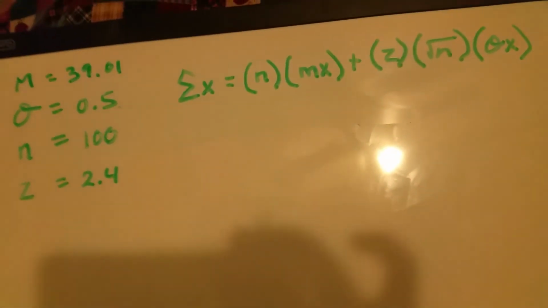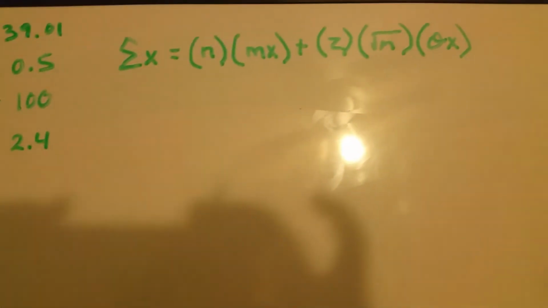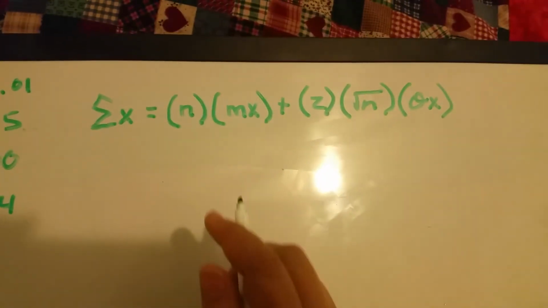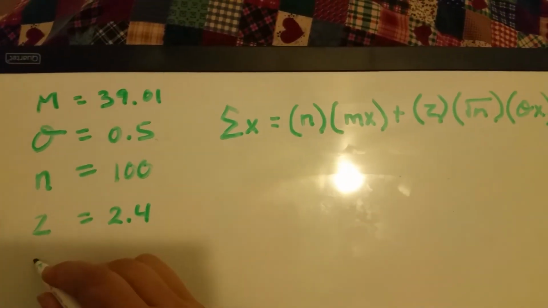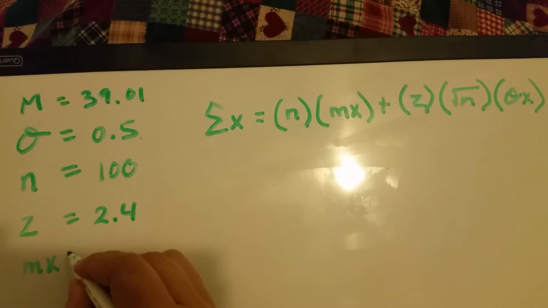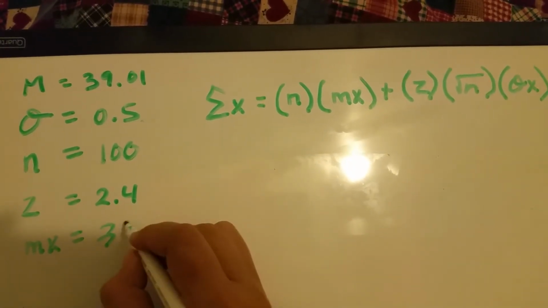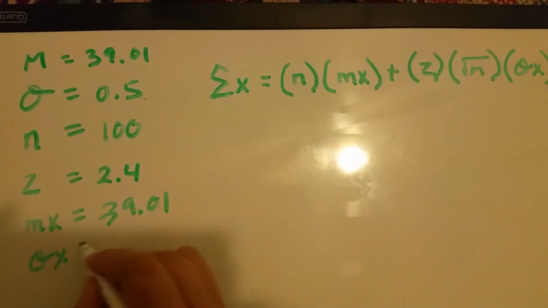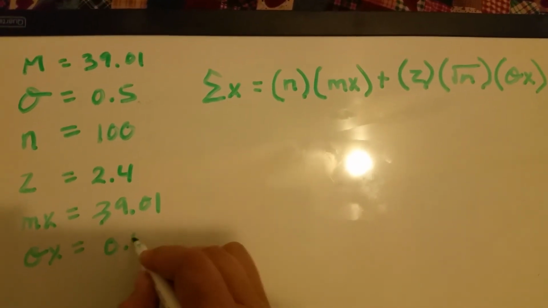Now, that's the standard deviation, not the standard deviation of the mean, right? The sample standard deviation doesn't have the bar over it, so that's just a normal standard deviation. We know that the mean of the sample is the same as the mean, and the standard deviation of the sample is the same as the standard deviation.